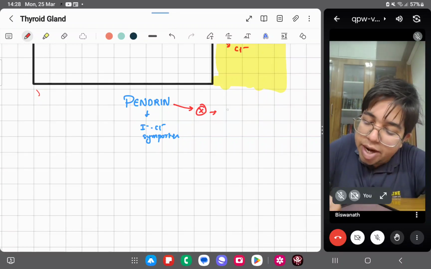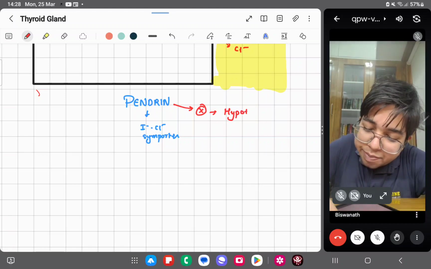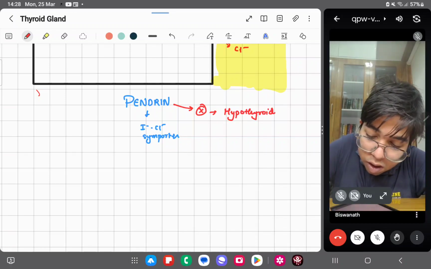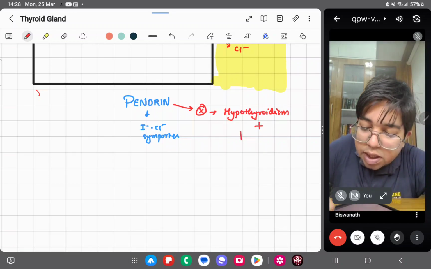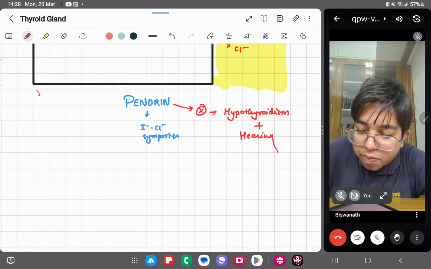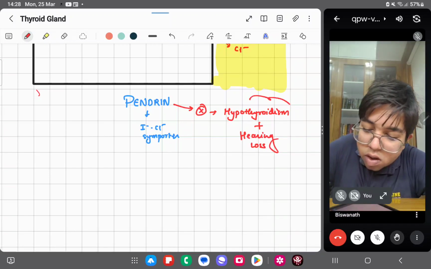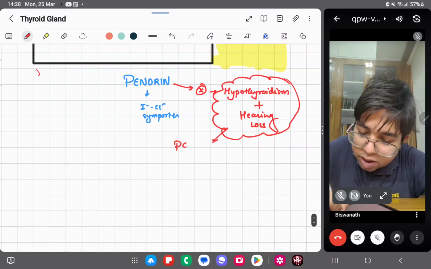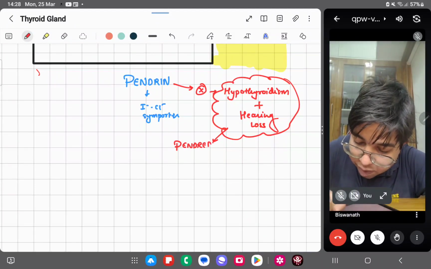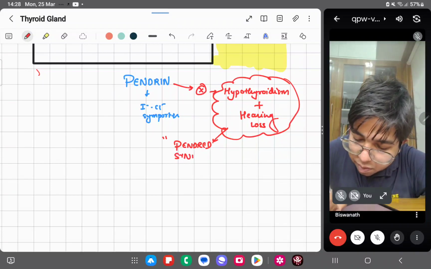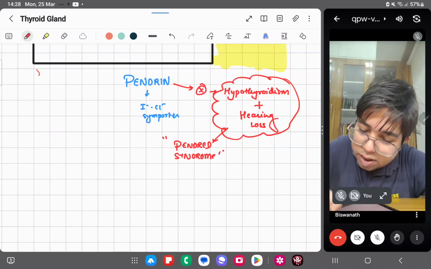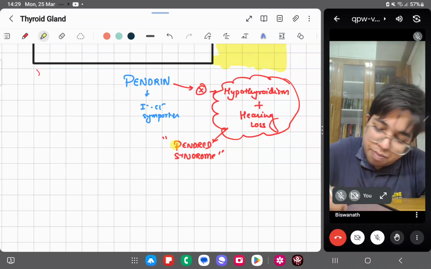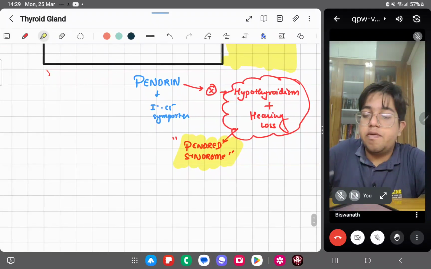This absence of pendrin will cause hypothyroidism plus hearing loss. Both together are called Pendred syndrome. This is important. Pendred syndrome is an important question from the PG point of view.